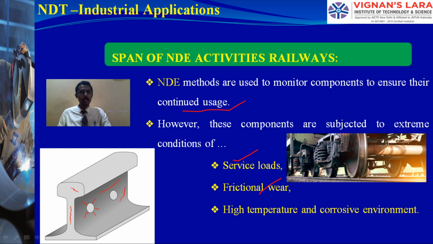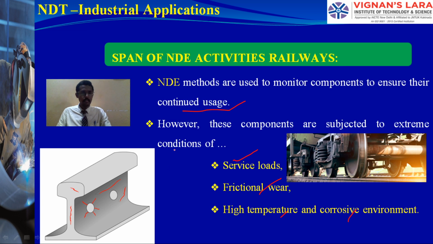So the high temperature and corrosive environment: when friction is there, temperature also increases, and due to environmental factors, corrosion will happen. Corrosion, or the lack of coatings, is again a stress concentration point. All these things we have to manage, which means we have to do inspection and then repair or reject.